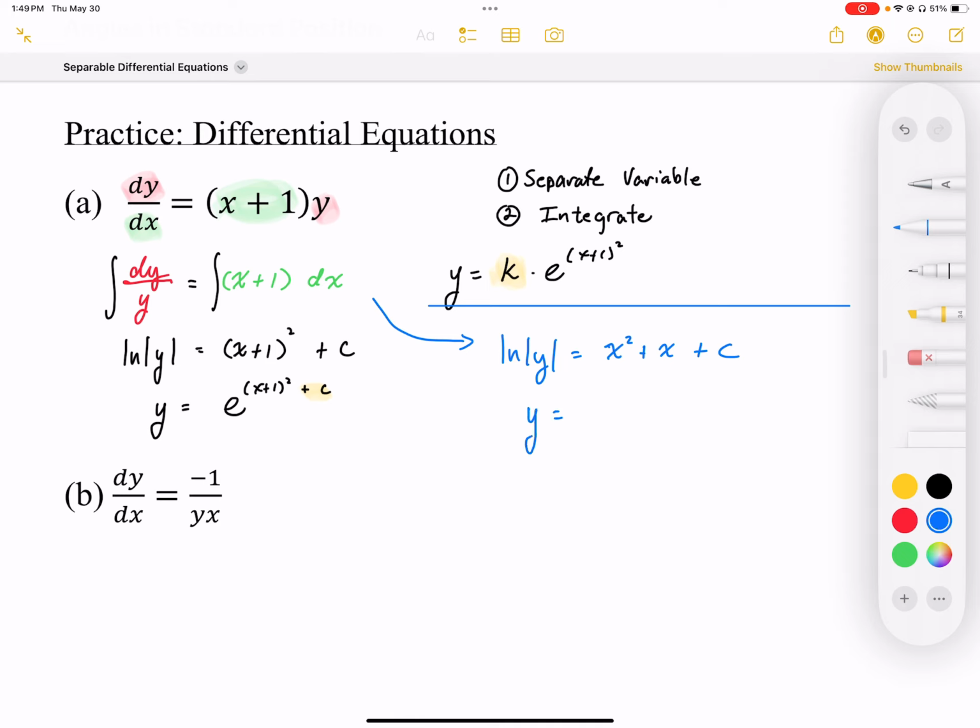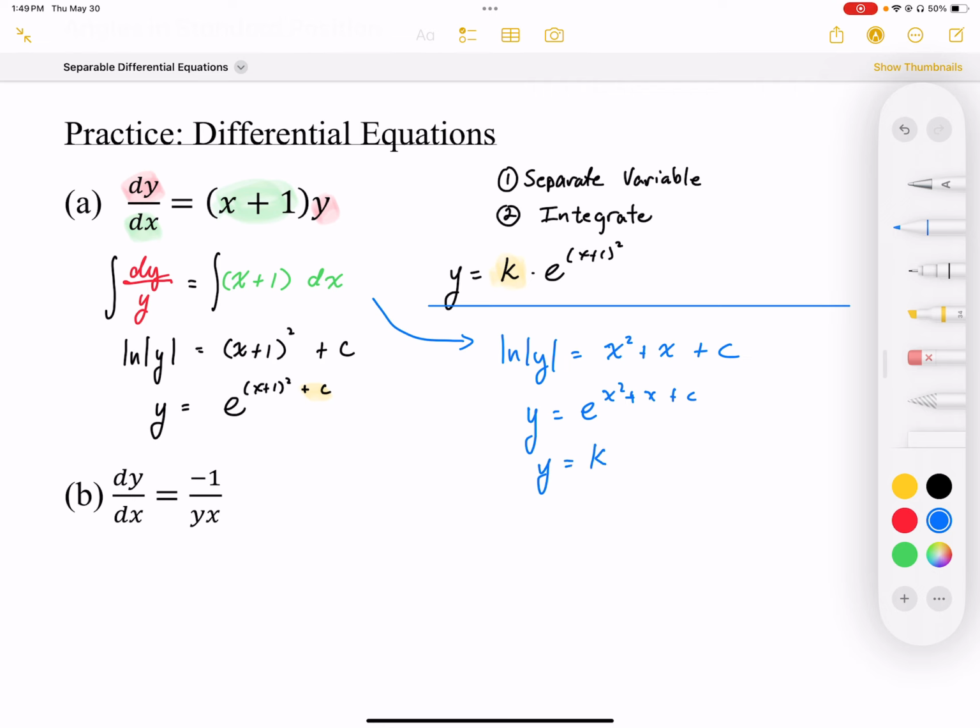We get y equals e to the x squared plus x plus c. Now, there is a difference in the plus c on the left and plus c in blue. That the plus c in blue actually includes the extra plus 1 you would get if you expanded out that bracket. But this solution is just as valid.